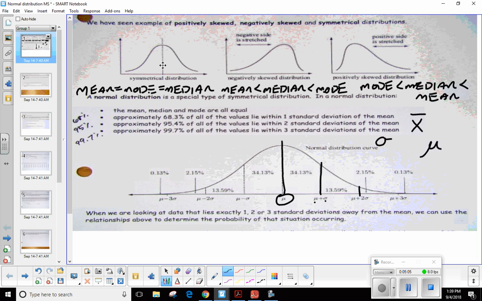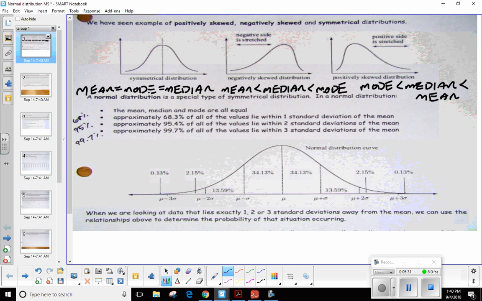Then we have the mean plus 2 times the standard deviation. And then finally the mean plus 3 times. So that's if you're going above. Now, what do you think you're going to be doing if you're going below? Yeah, you're going to be subtracting. So you subtract 1 standard deviation from the mean, then you subtract 2 times the standard deviation, and then you subtract 3 times.